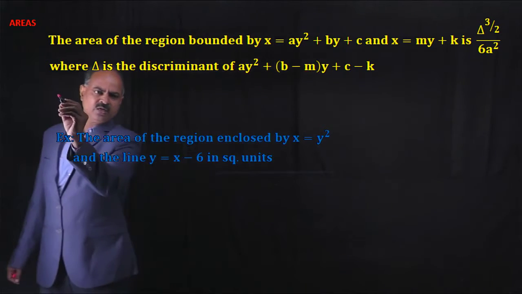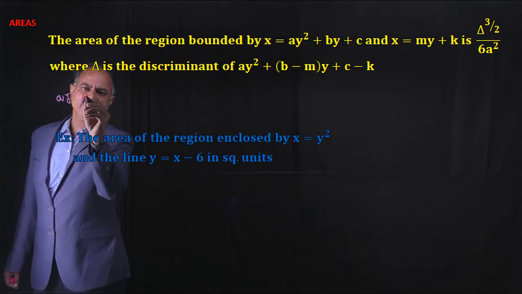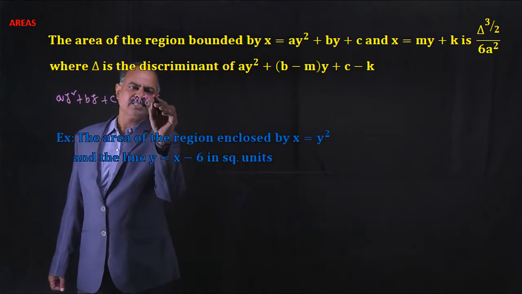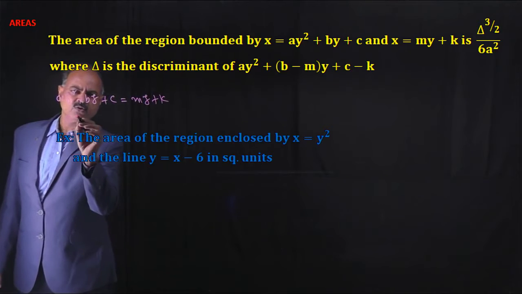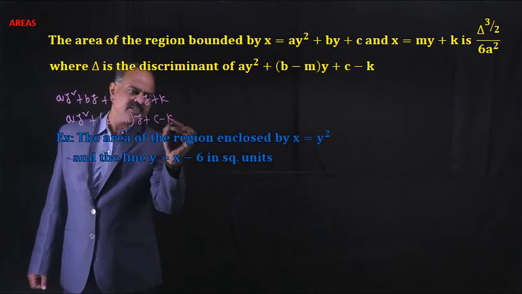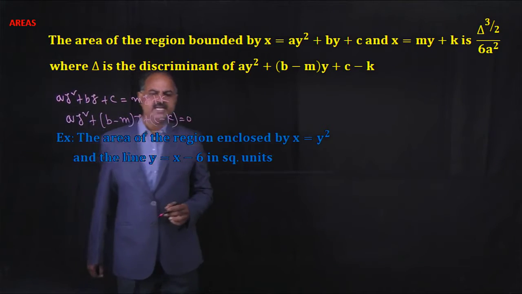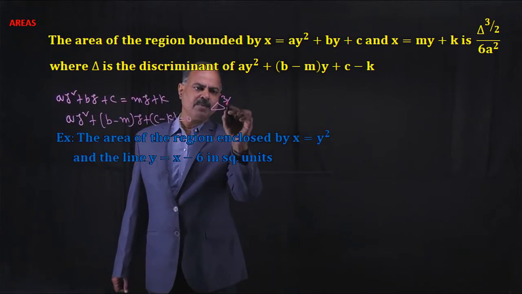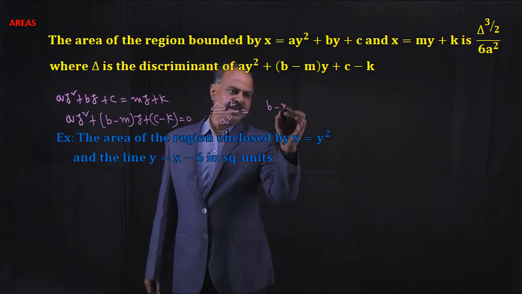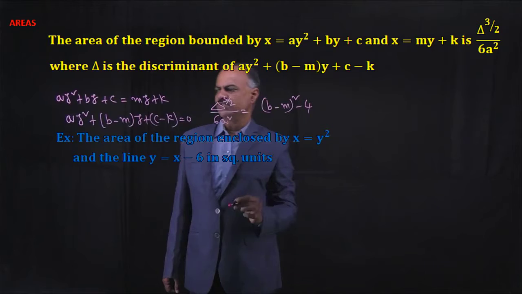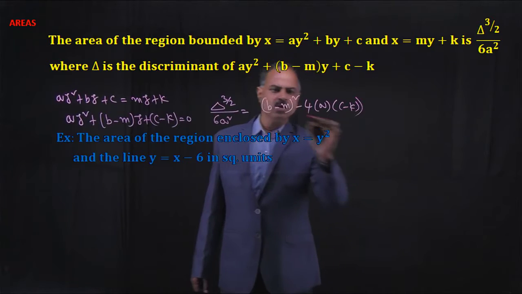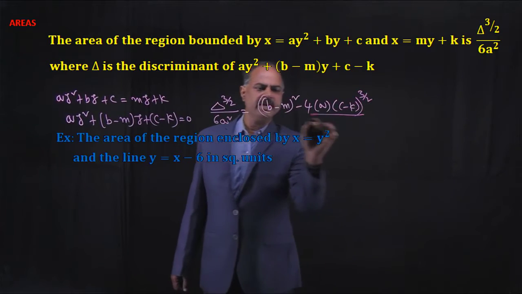Equating linear terms, we get ay² + by + c = my + k, that is ay² + (b − m)y + (c − k) = 0. Write Δ^(3/2)/6a², that is b² − 4ac, that is (b − m)² − 4a(c − k), to the power 3/2 by 6a² square units.